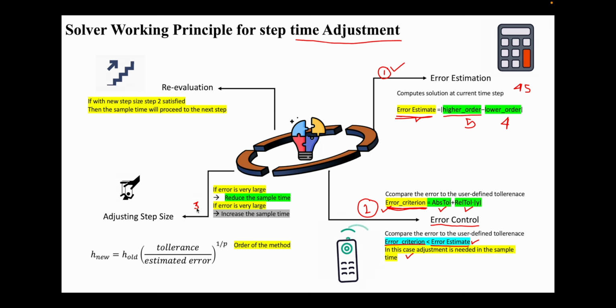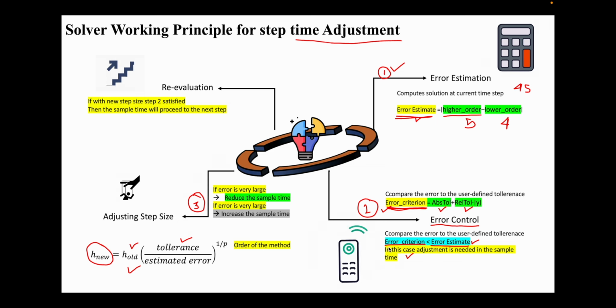In stage 3, we estimate what our next sample time should be. To define that, you need a formula, which is here. H new is the new sample time which you need to calculate, and H old is the old sample time. Whatever sample time was existing, we take it, and in the numerator we keep the tolerance.